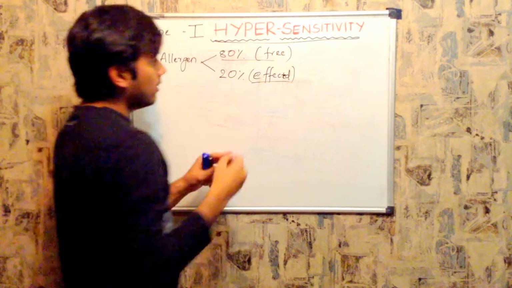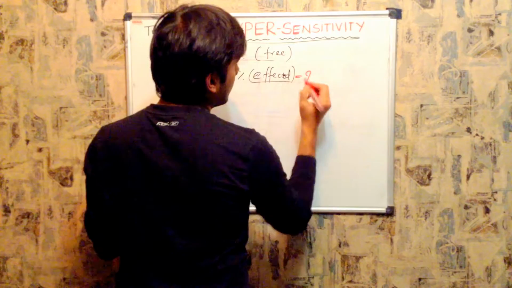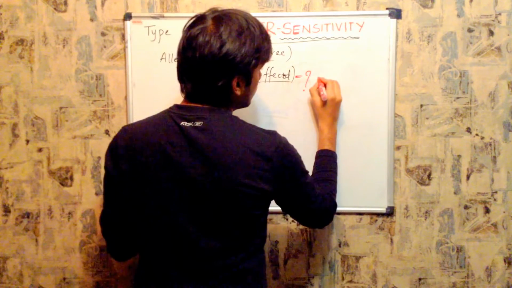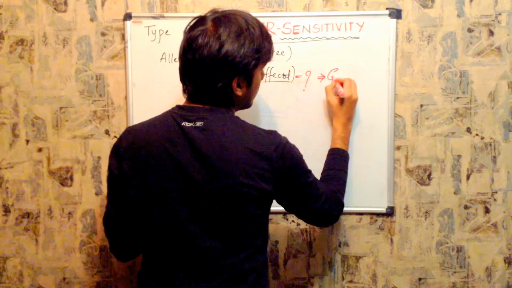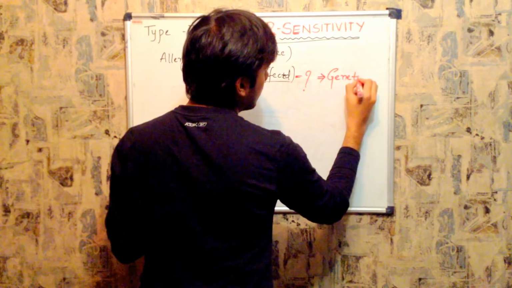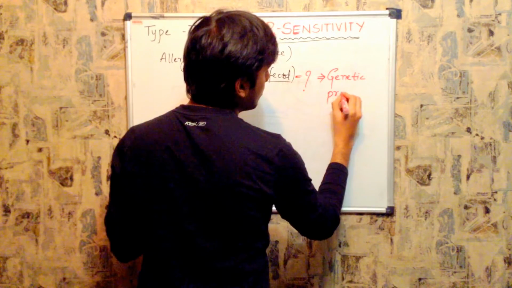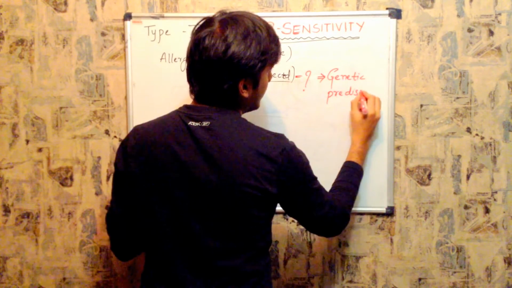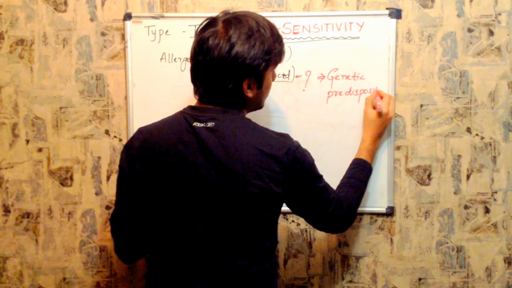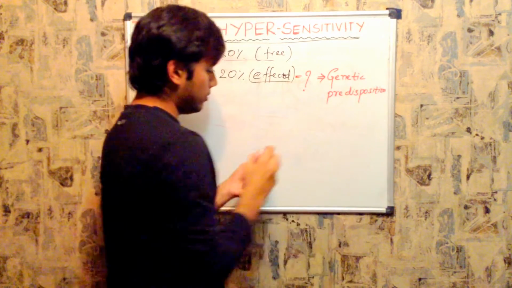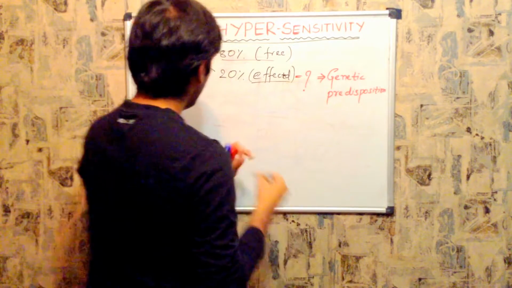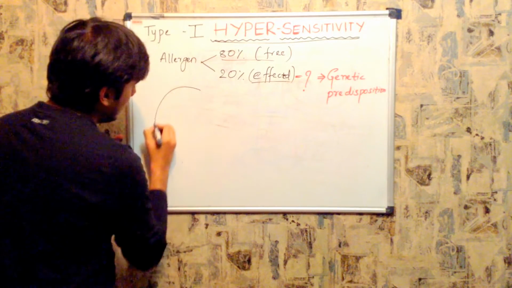Why are these remaining 20% affected? It is due to genetic predisposition. What exactly is meant by genetic predisposition? Suppose you take out a cell.